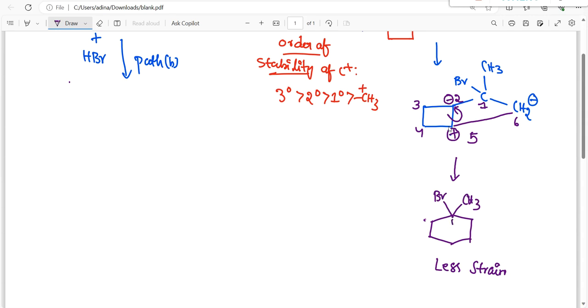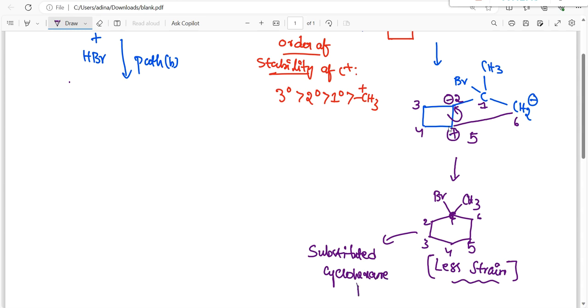I hope this concept is clear to you. The less strain product, that means substituted cyclohexane, is produced. Substituted cyclohexane is formed.